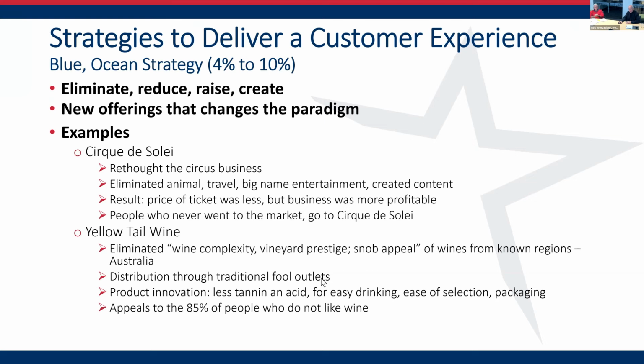They actually went through traditional food outlets, I should say grocery stores, sorry about the typo, and they actually increased the number of customers. They created a market for people who didn't traditionally use wine and didn't want to get involved with all that snobbery, and have created an international business out of it.